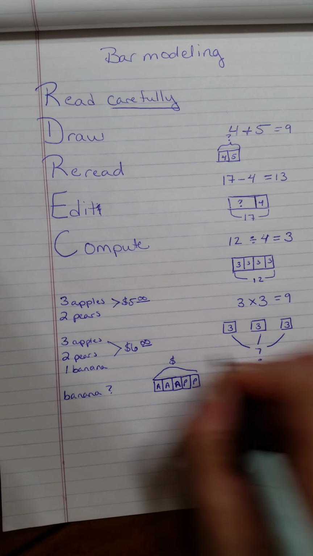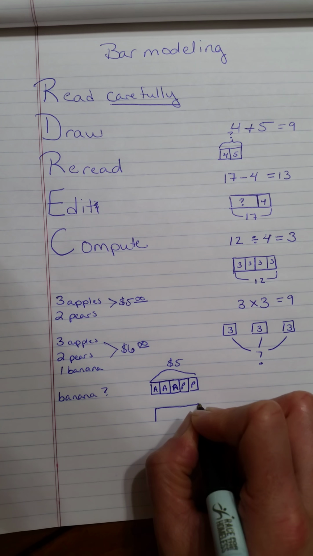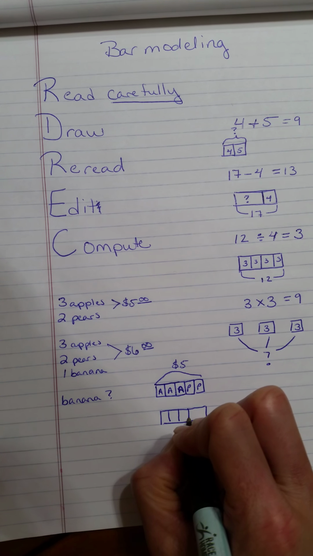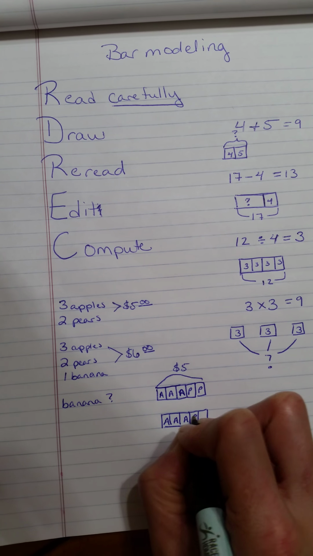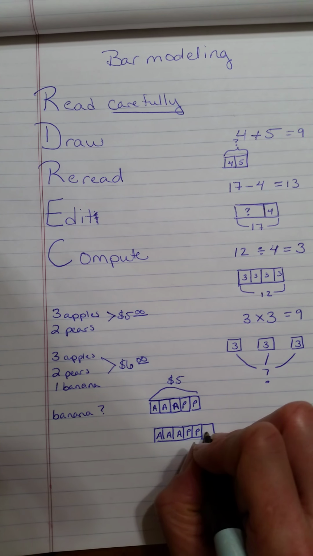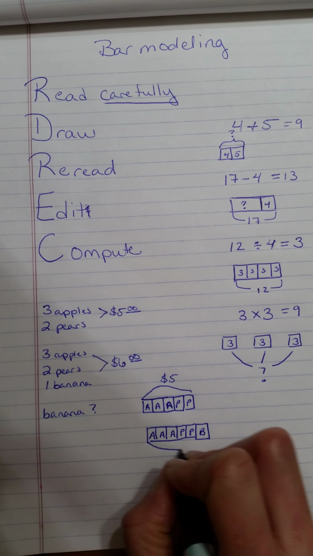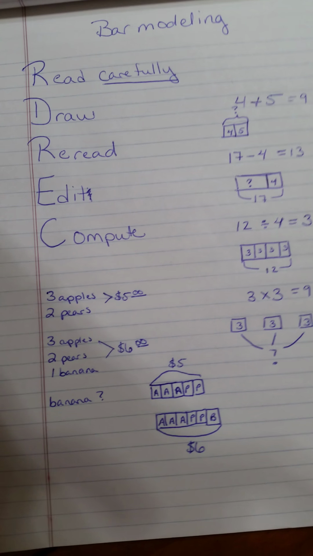And that is equal to 5. So I'm going to set myself up to draw proportionately again, because again I have 3 apples, so the same as that first, 2 pears, and now I have an extra. That is 1 banana. I know that that amount is $6.